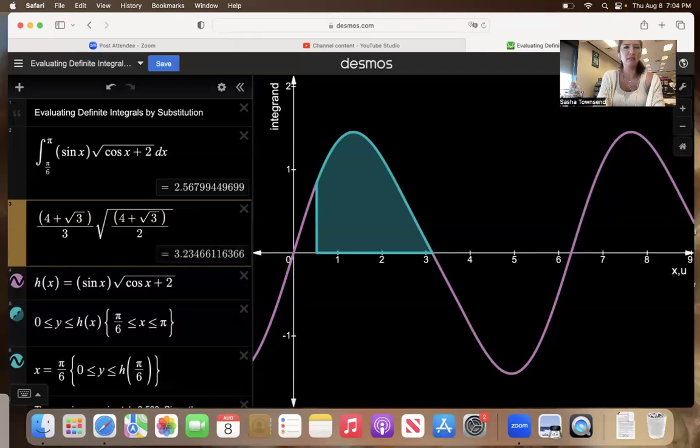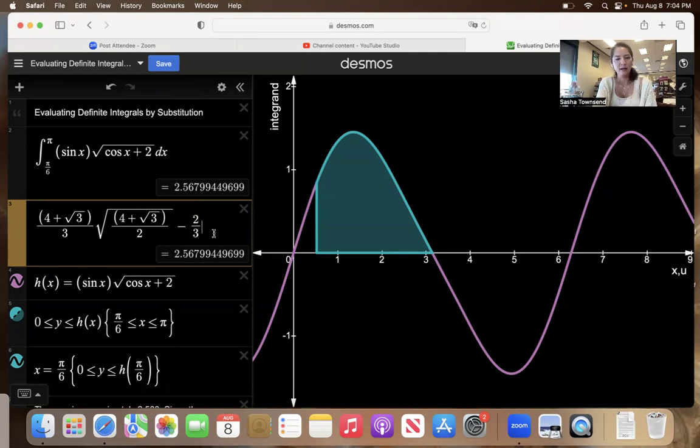Oops, that should be outside of the radical. Yep, they're the same value. So our answer is correct. I'm going to write that on my paper. Approximately 2.568. So that's the area there under the curve.